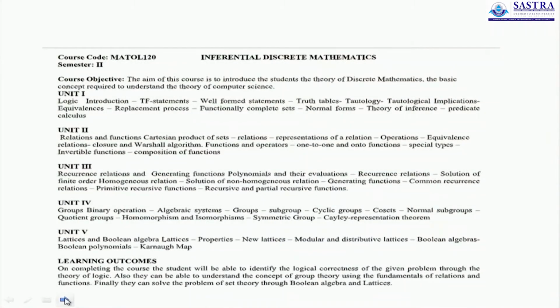We have covered the unit 1 on logic, the unit 2 on relations, the unit 3 on recurrence relations, the unit 4 on groups, and unit 5 on lattices. Today we'll have a look at a few selected topics in the MCQ format.